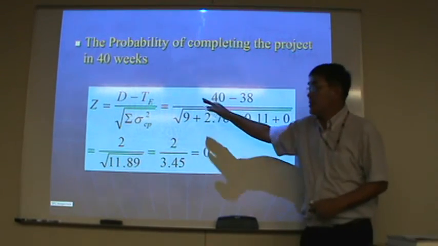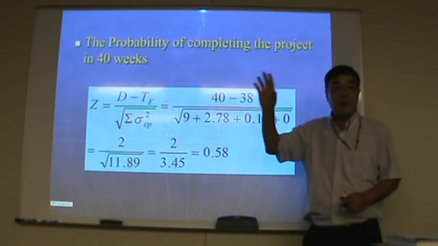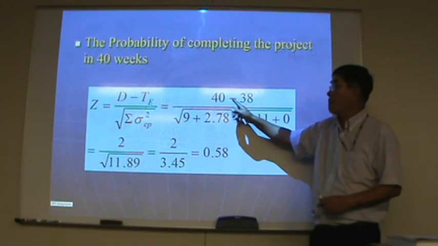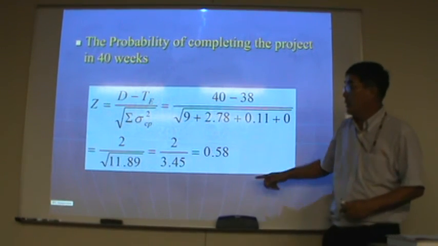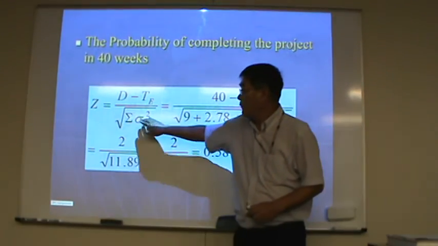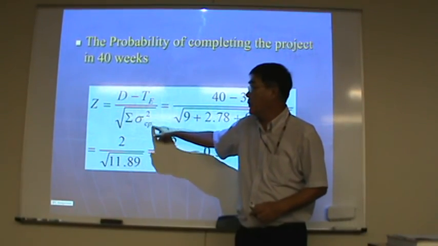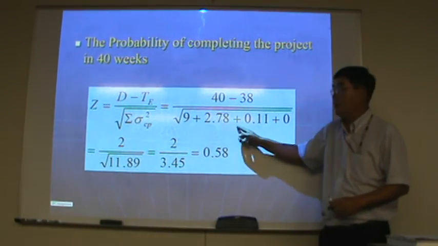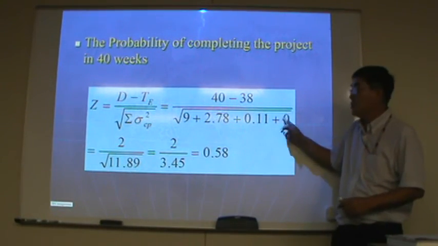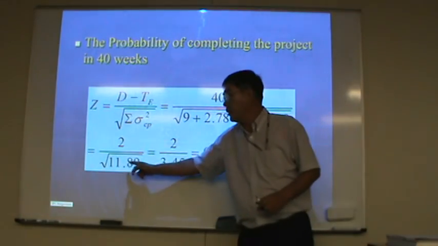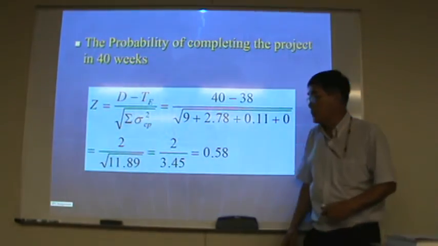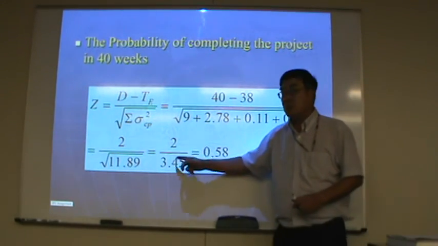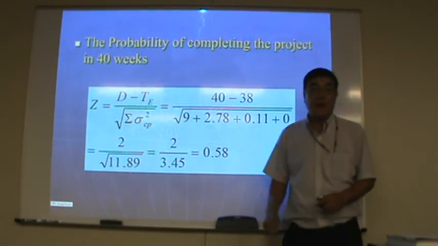D is the desired time, so the asking time, 40. 40 minus 38, and then the same variance on the critical path: 9 plus 2.78 plus 0.11 plus 0 is 11.87, square root. 40 minus 38 is 2, divided by 3.45, right?